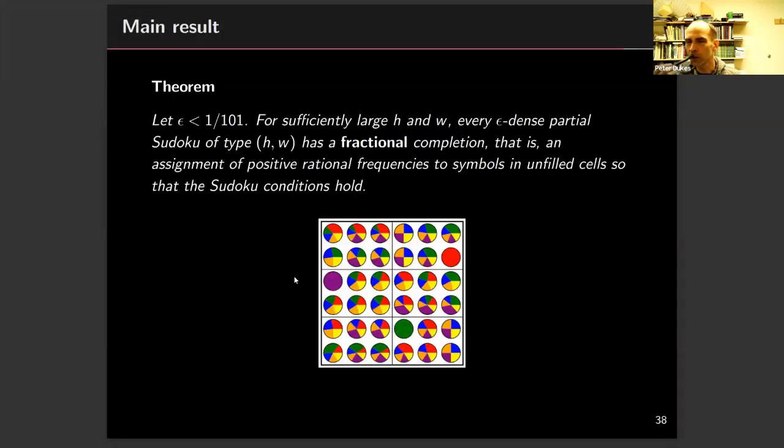And here's an example of that. By the way, I actually used the algorithm that produced the perturbation to make this image. Somebody's given us 3 filled entries ahead of time: a red, a purple, and a green disc here. And then here's a fractional completion.